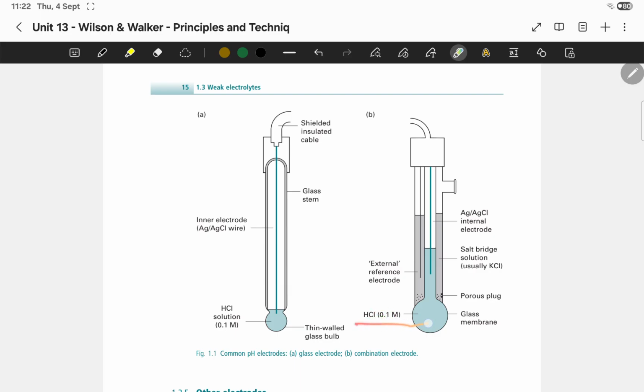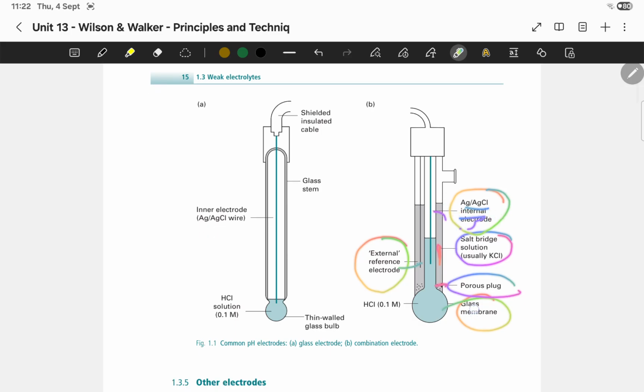It also has hydrogen chloride 0.1 M, glass membrane. It has a porous plug, external reference electrode, a salt bridge solution using KCl, and AgCl, a silver or silver chloride internal electrode.